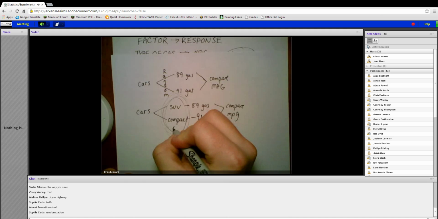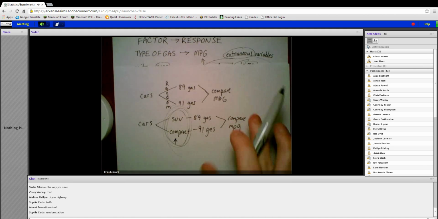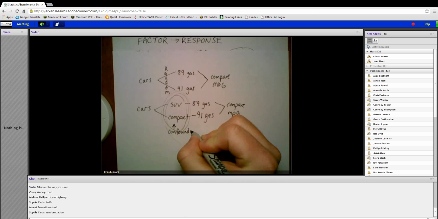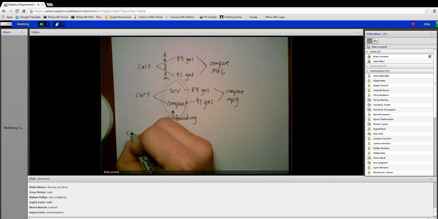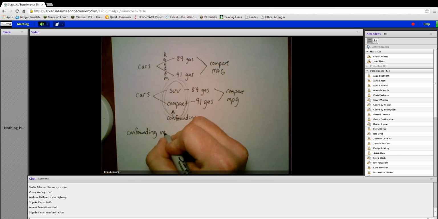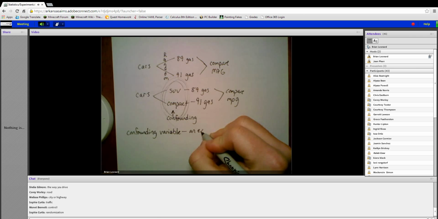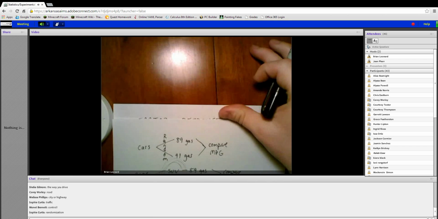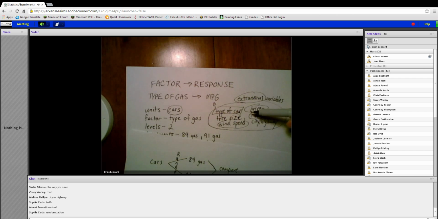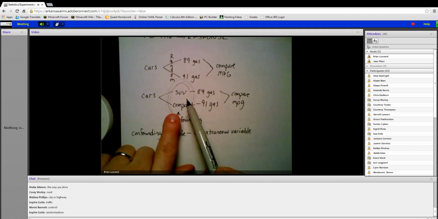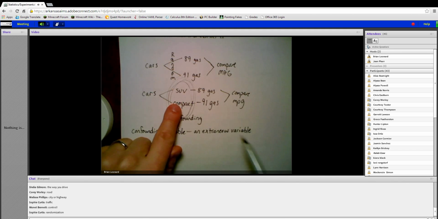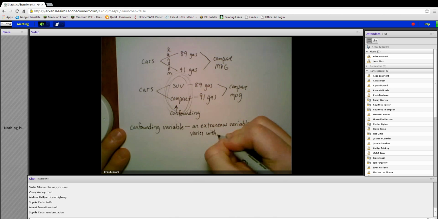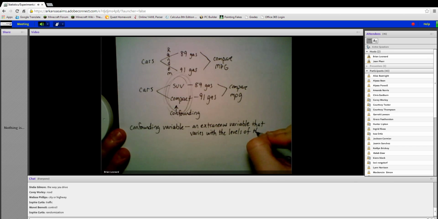So this makes that extraneous variable, the one that we talked about, type of car, confounding. And if you want a definition, a confounding variable is an extraneous variable that can become confounding if the variable varies with the levels of the factor.